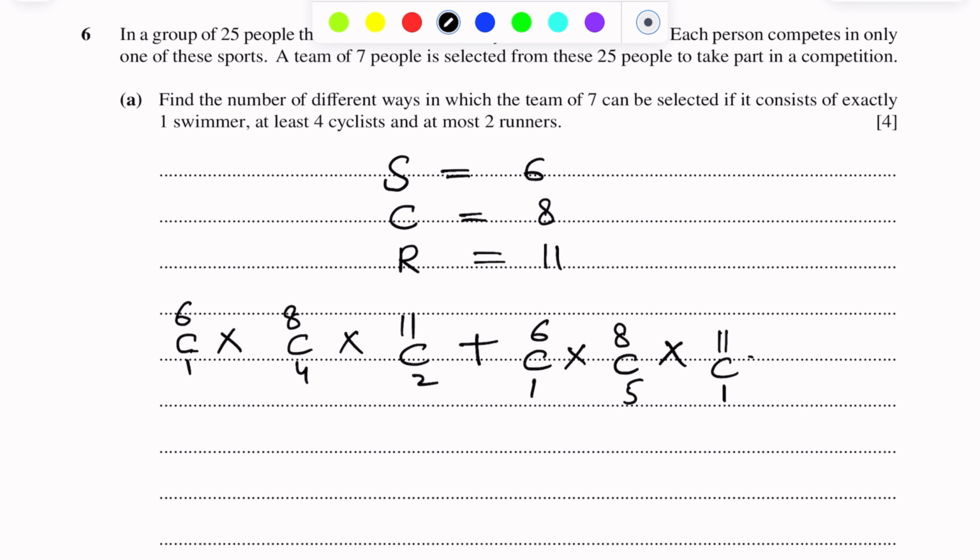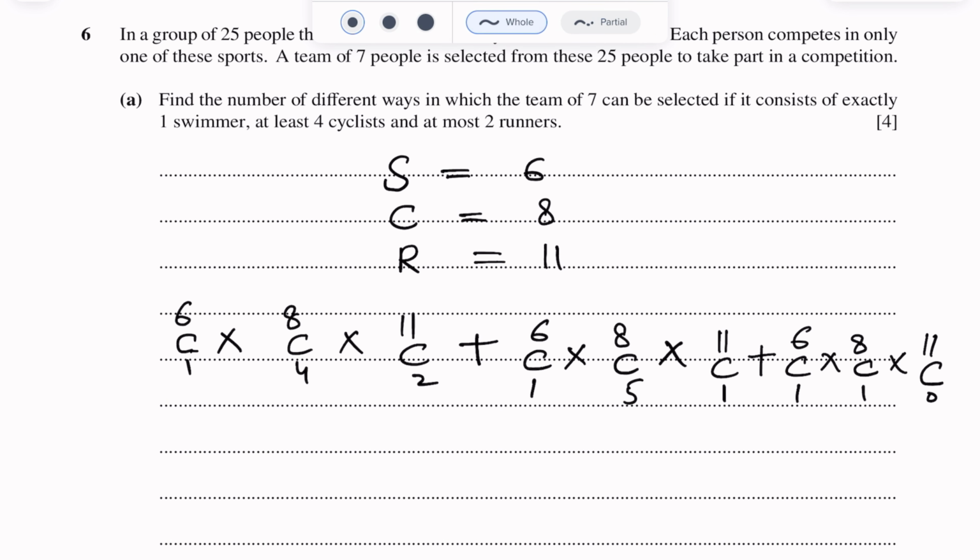And the next option will be 6C1, 8C6, 11C0. Sorry, 8C6. We are taking 6 from 8.